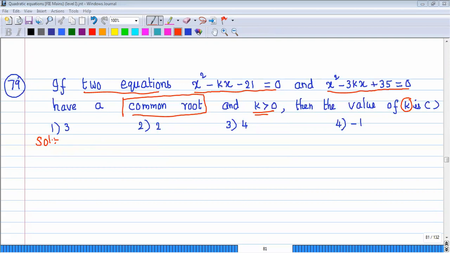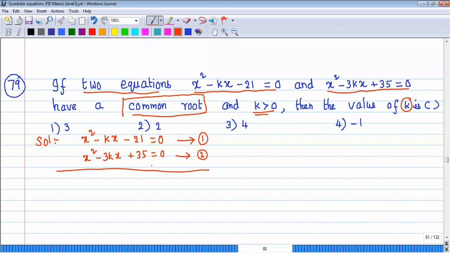So now x square minus kx minus 21 equals to 0, equation 1. x square minus 3kx plus 35 equals to 0. Subtract equation 2 from equation 1.